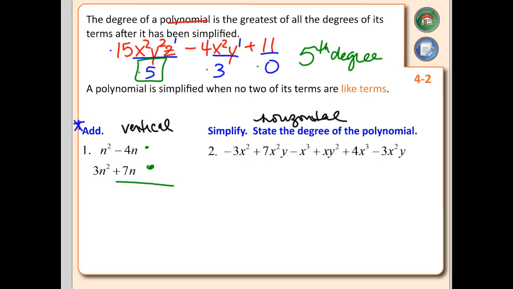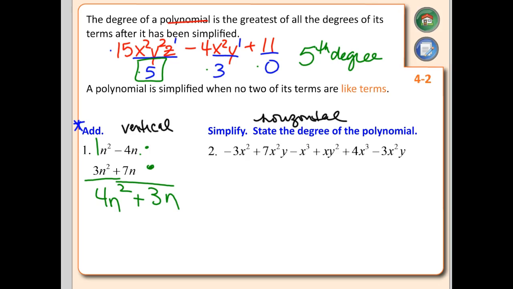My n squareds are like terms. So 1n squared, remember our understood 1, plus 3n squared is 4n squared. And now I look at the n's. We've got negative 4n and 7n. Those are different signs, so I'm going to subtract and get 3n. So basically, I just took my like terms and added them together.